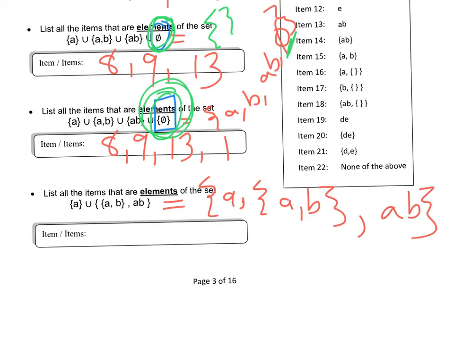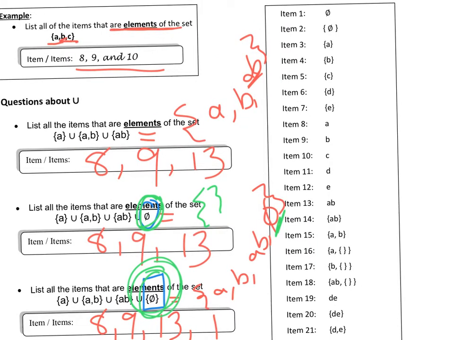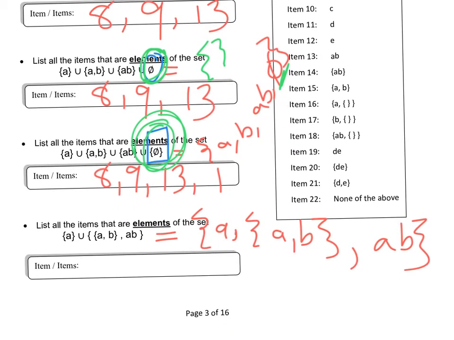So when we start looking around for the numbers of these things, I think A is just 8, but let's look. Yep, so item 8 was A. So let's put an 8 down. And then we had the set containing A and B, and that looks like it's over here at 15, right? So we'll write 15, and then we need the AB part, which is item 13.